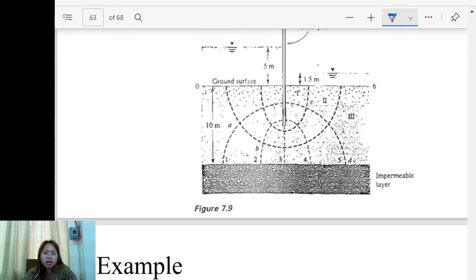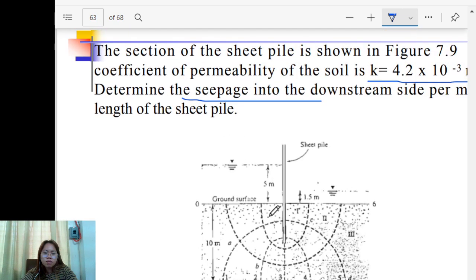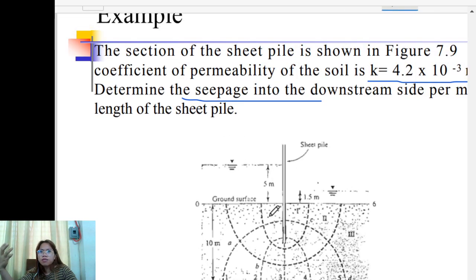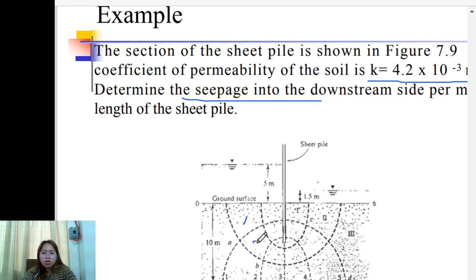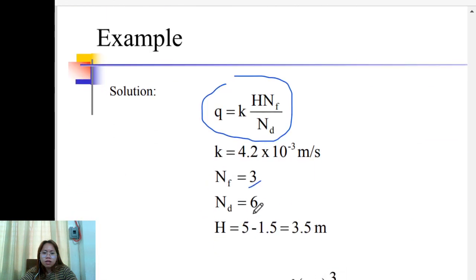And N sub D, this is number of equipotential drops, no? We have here 1, 2, 3, this one, 4, 5, and 6. So munang N sub D is 6.